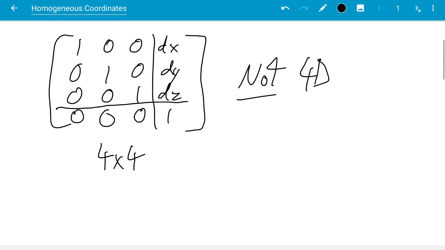And this is the homogeneous column and the homogeneous row, so we have an extra coordinate added onto our 3 other coordinates.